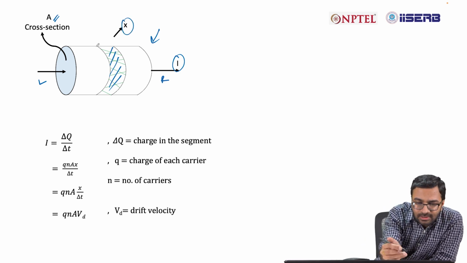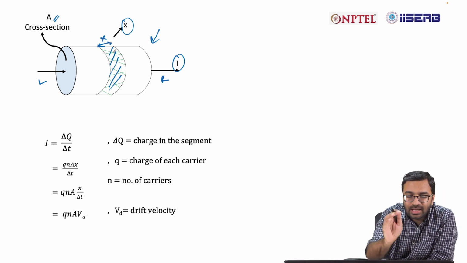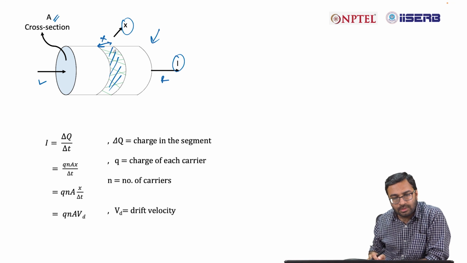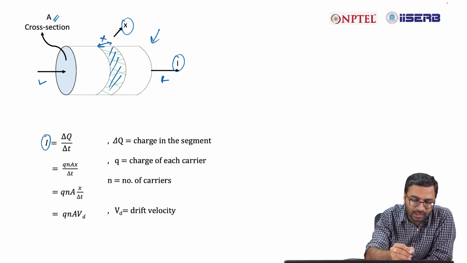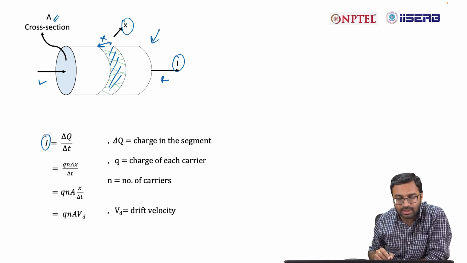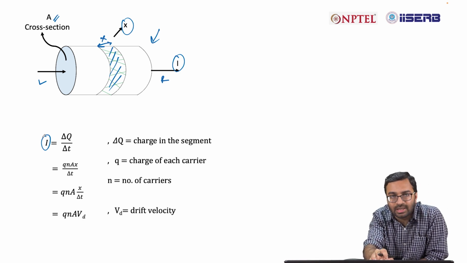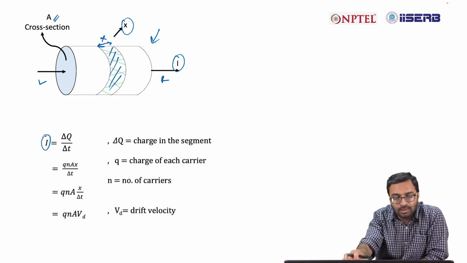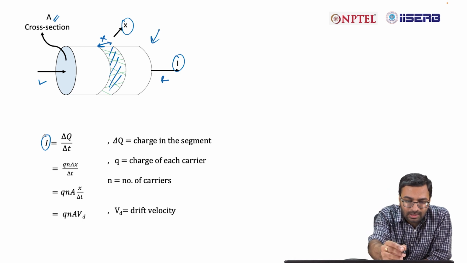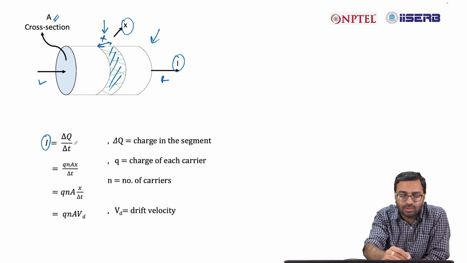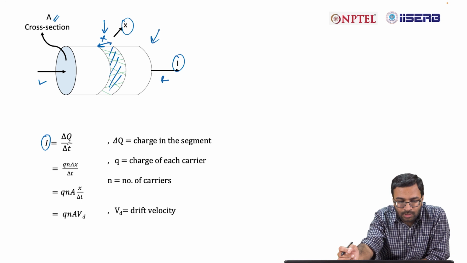So x is the length or the width of this area under consideration. Now in this case, the equation of current is del q by del t, where del q is the charge in the segment and del t is the time it takes to cross this volume. So current in this section is equal to del q by del t.